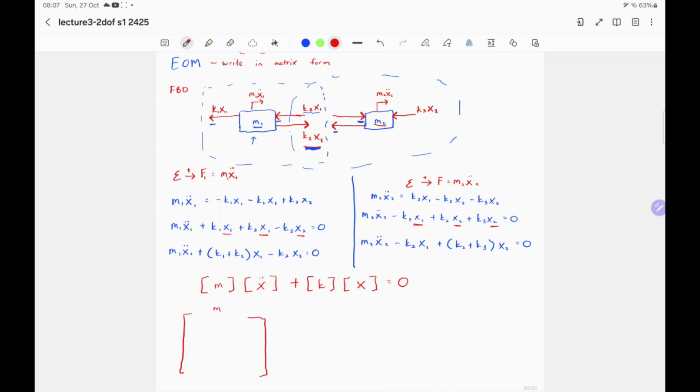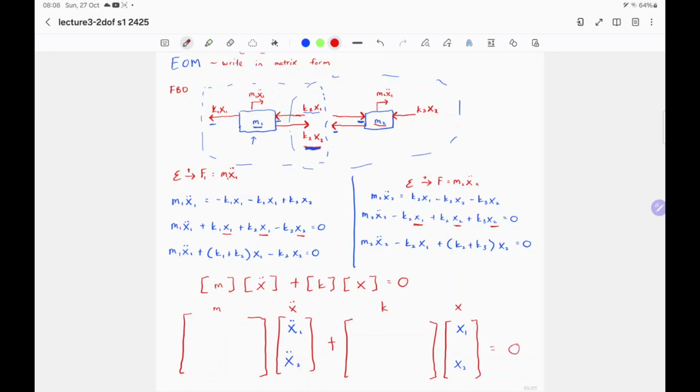So this is the M matrix, and then this is the X double dot matrix. So we have X double dot 1 here and X double dot 2 here, plus matrix K multiplied with matrix X. So we have x1 here and x2 here, is equal to 0.